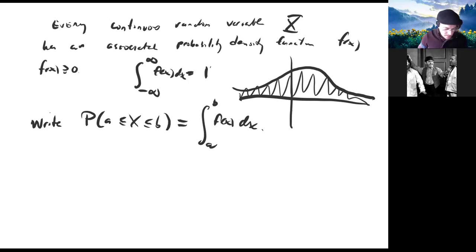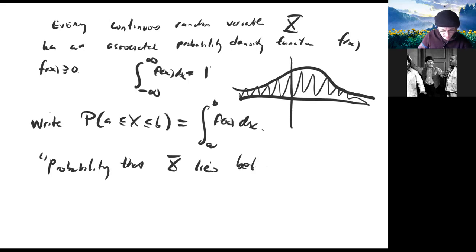So this is the probability that X lies between A and B, and that's given by the area under our curve between A and B. If this is A and this is B, that would be this area here.